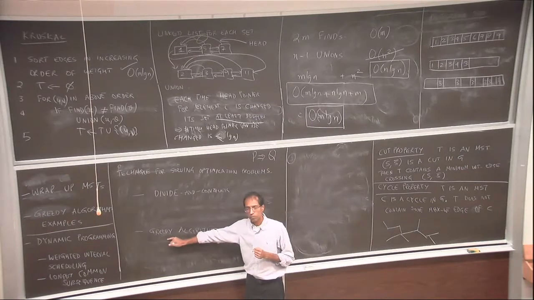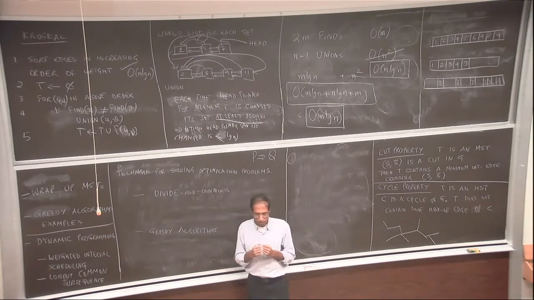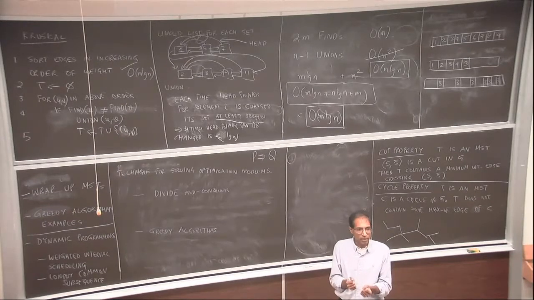Something I want to emphasize, and we will go over some more examples later on, is that there are many different greedy choices you can make at any point, so there are multiple greedy algorithms possible. Just because an algorithm is greedy does not mean it will work correctly.